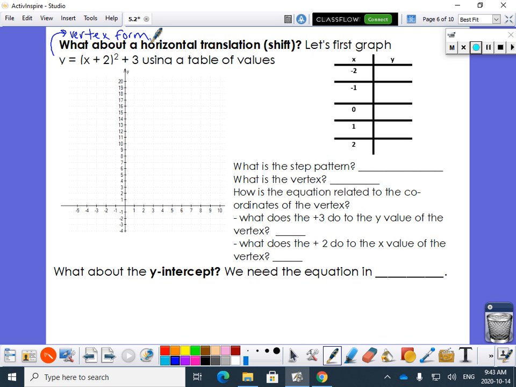I know that doesn't mean much to you right now. We will look more into it in our next lesson, but we do have to know that that's vertex form, which is really y equals, and write this down, a(x minus p) squared.